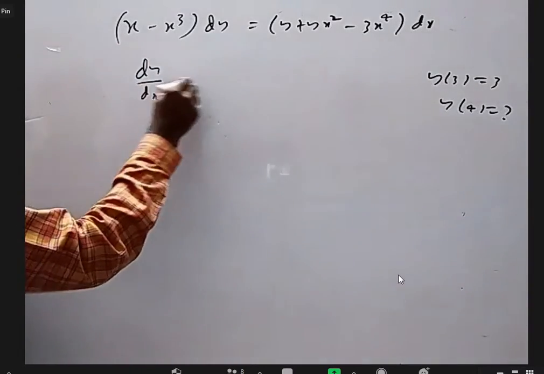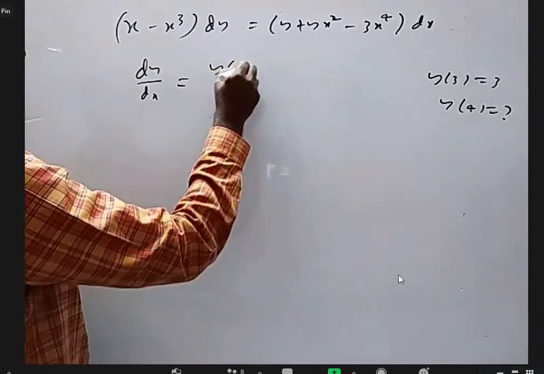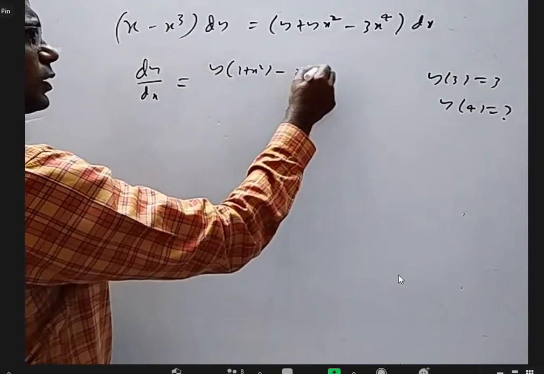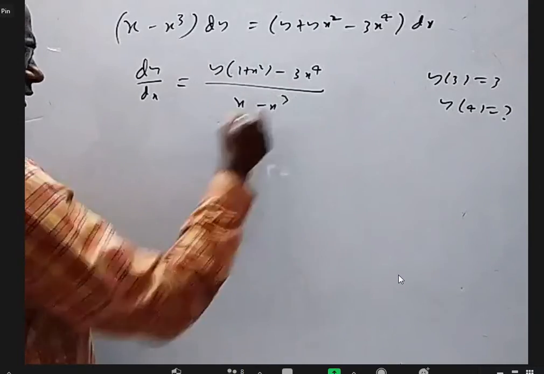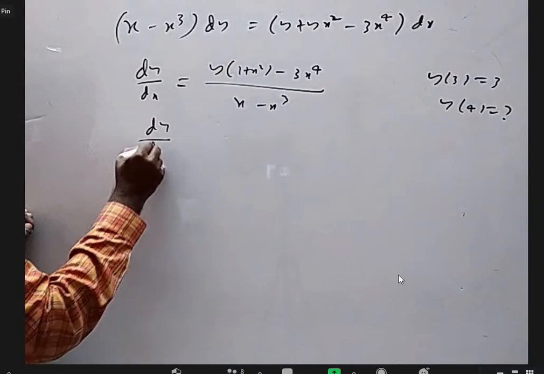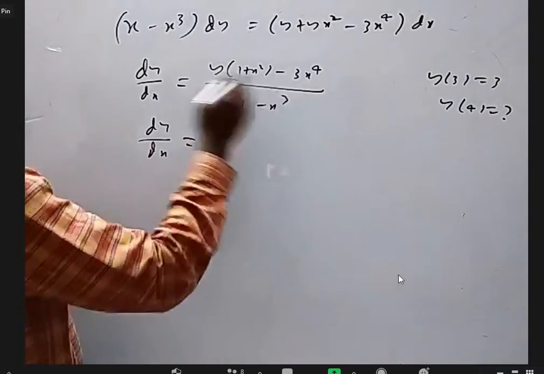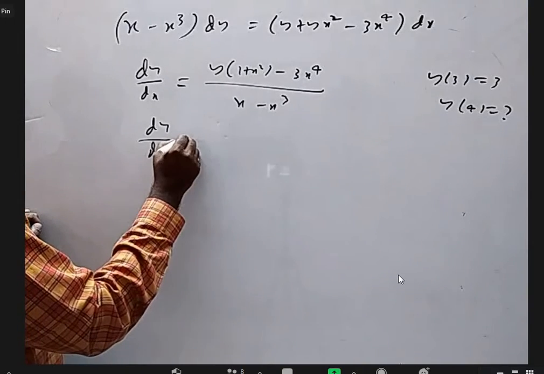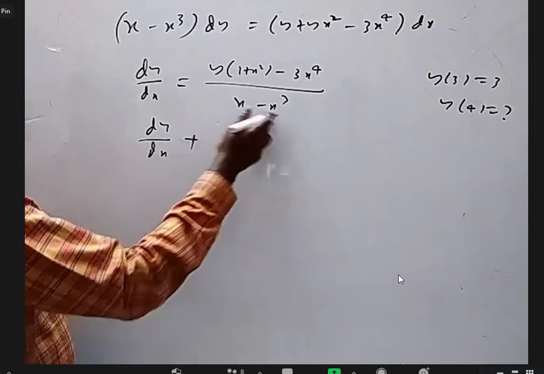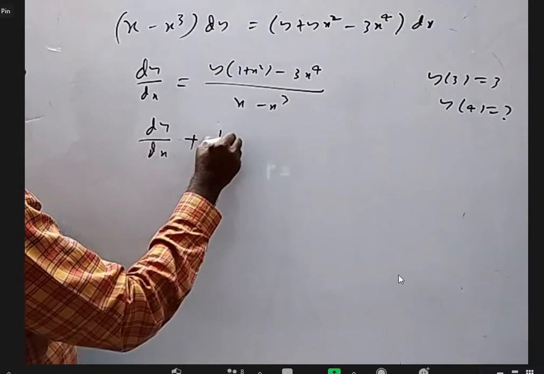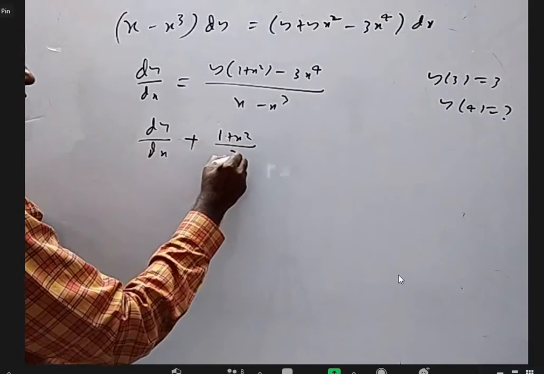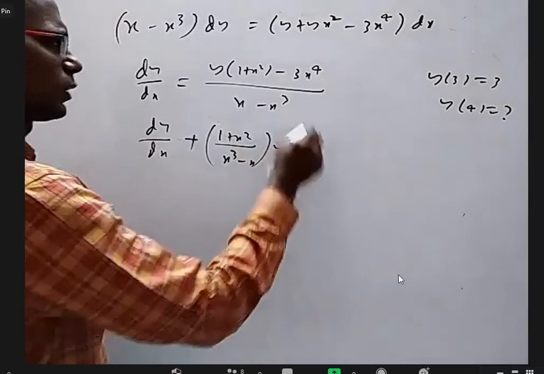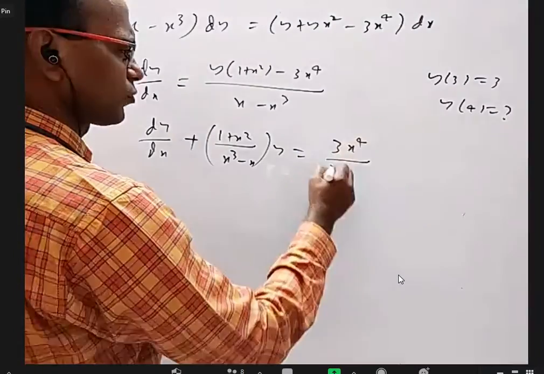dy by dx, this by this, y into 1 plus x square minus 3x power 4 by x minus x cube. I think it is integration factor. Take this by this, bring this side. You will get plus 1 plus x square by x cube minus x into y equal to 3x power 4 by x cube.